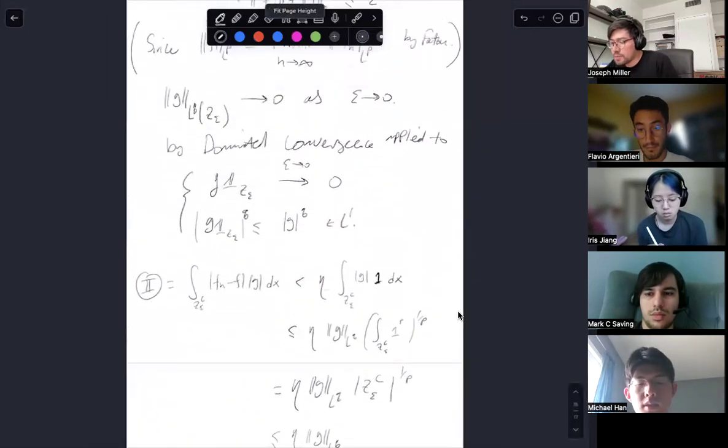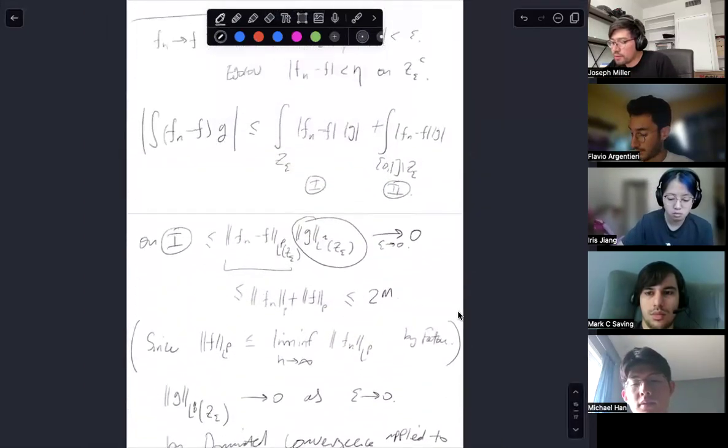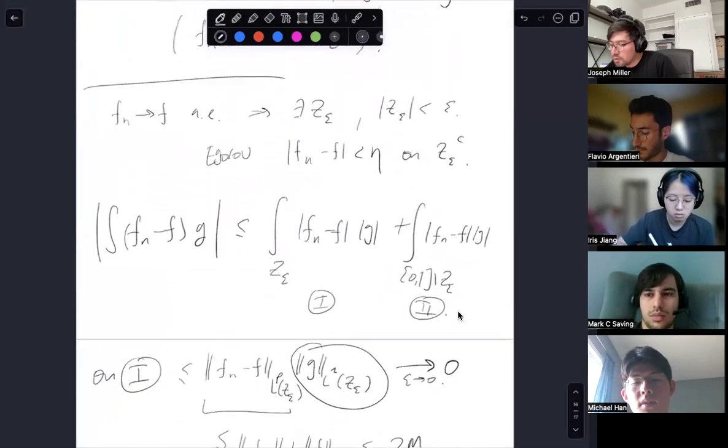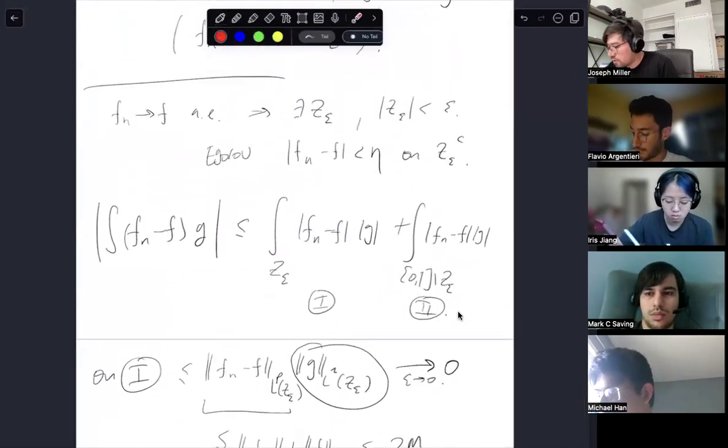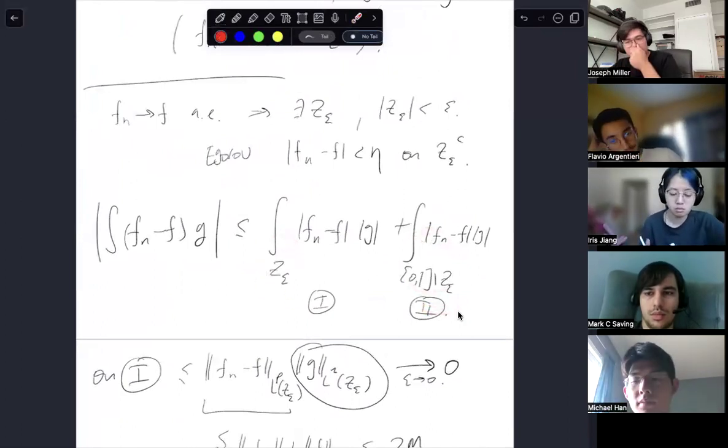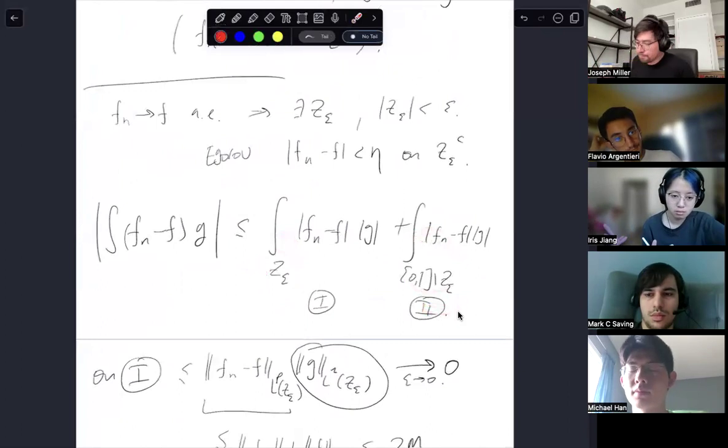So here again, I'm splitting the integral between two behaviors. The two behaviors are when I uniformly converge, which is on a large set, and when I don't have any control but I'm on a small set. So I split the argument those two ways.